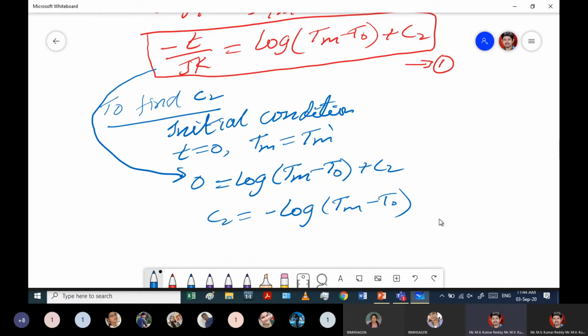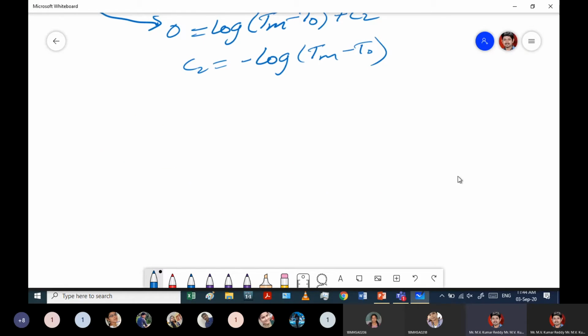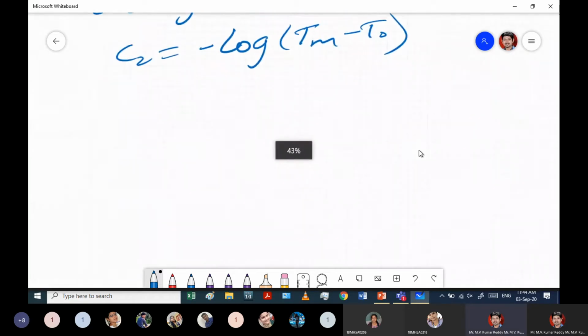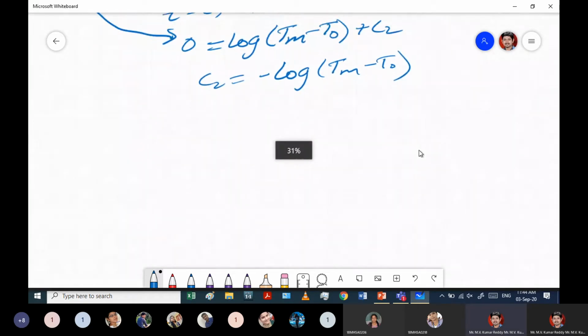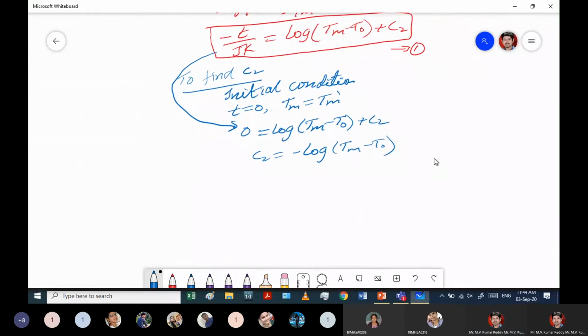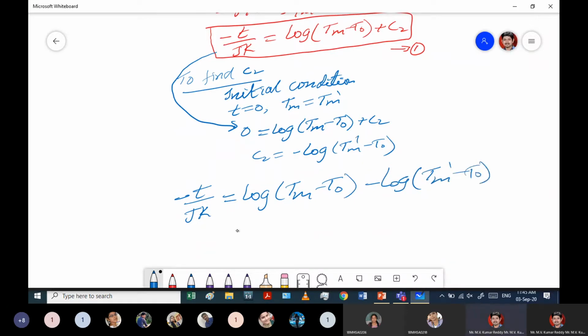Substitute this C2 value in the above equation. Now minus t by JK is equal to log of Tm minus T naught minus log of Tm dash minus T naught.